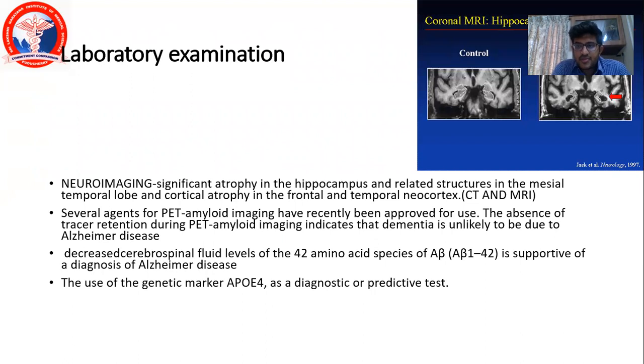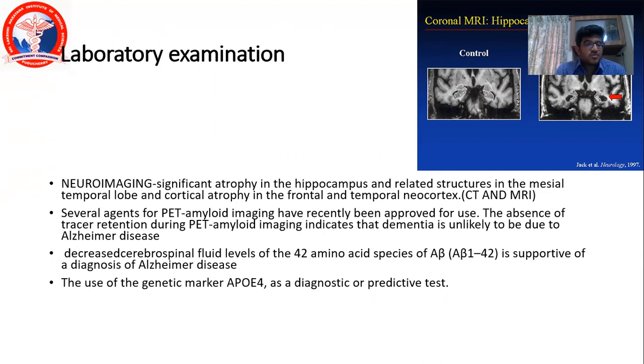Now the laboratory examination: what testing will we do in a patient with Alzheimer's? First, as we all know, is an MRI or a CT, preferably an MRI. What we can find is significant atrophy in the hippocampus and related structures, the mesial temporal lobe, because that is where the first reduction in mass happens, and cortical atrophy of the frontal and temporal neocortex.